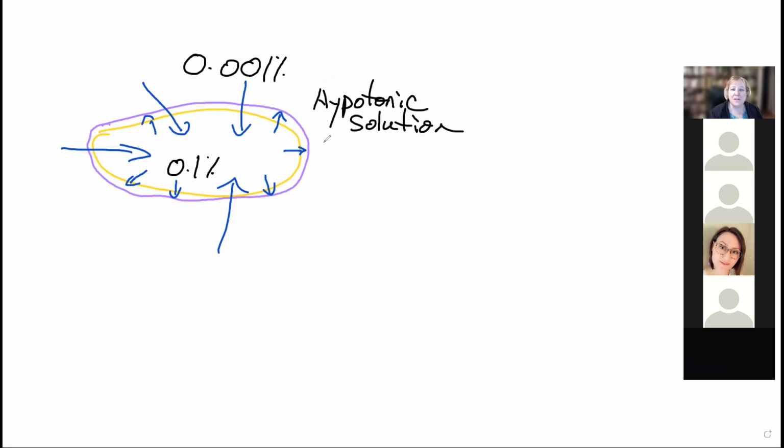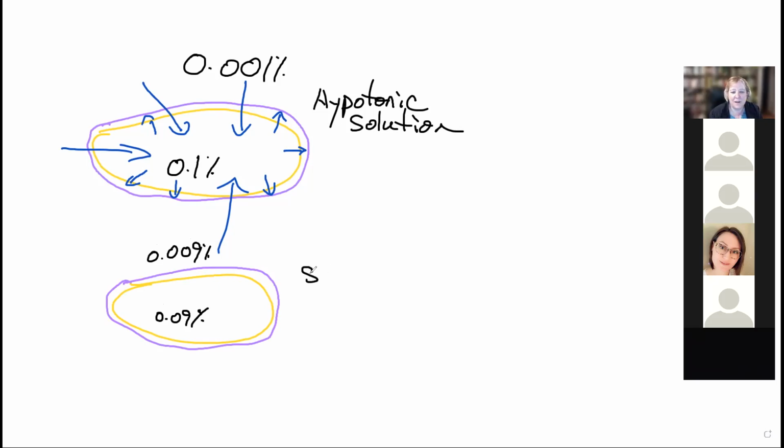And just for the fun of it, what do we call a solution which is the same outside of the cell as inside of the cell? Tell you what, I'll put the real non-rounded percent. What do we call that solution? An isotonic? Very good.